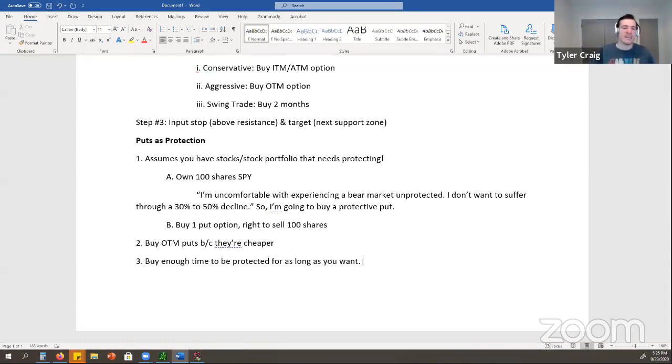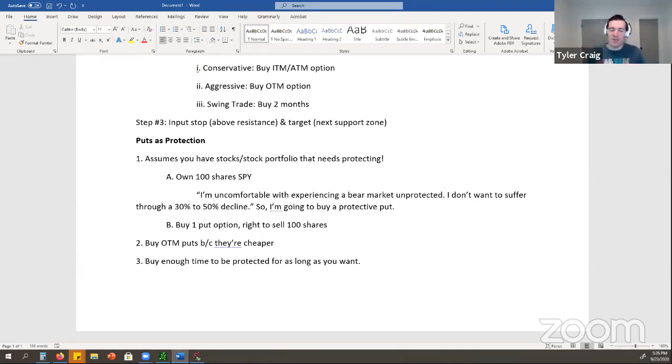So if you just say, hey, there's an earnings announcement tomorrow and I just want to be protected for the next week, you don't need to buy a 1-year put option. Maybe you buy a 1-month put option or a 2-week put option. You buy short term. But if you say, hey, I want to own these puts for the foreseeable future, I don't want to keep having to buy more puts every week. That gets expensive. I don't want to buy 12 1-month puts over the next year. I'd rather buy one 12-month put.